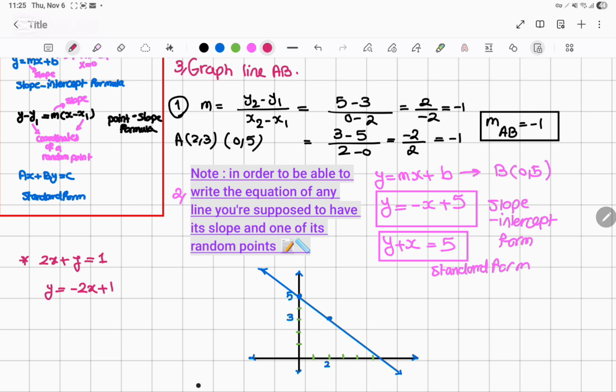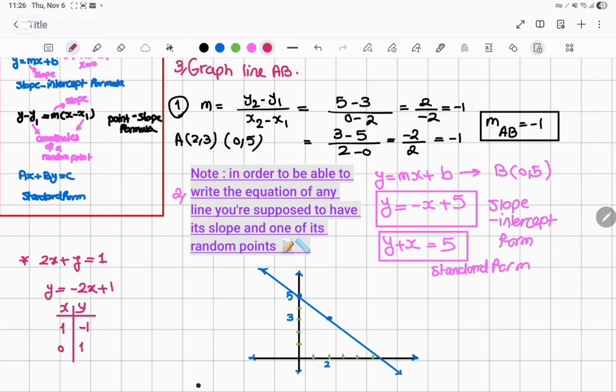And then one of the easiest ways to graph anything is to have a chart of x and y, and then substitute any two random points for x, such as 1, and it's going to be negative 1, and then maybe 0, which is going to be 1, and then you have the two points and you can graph them. Or you can use its slope and go rise over run and then graph that too.